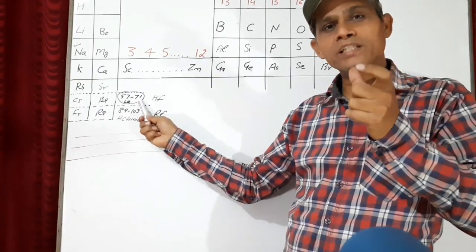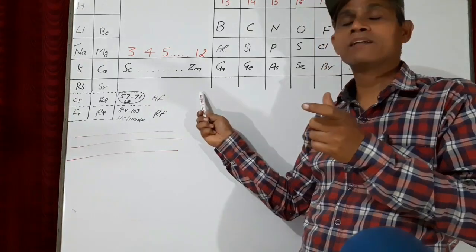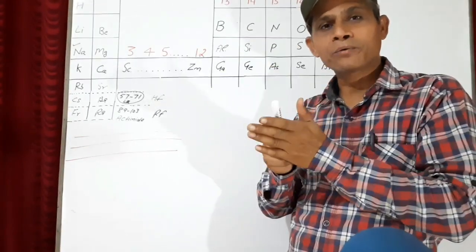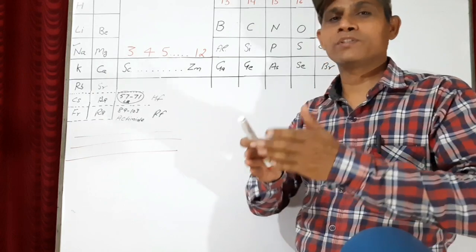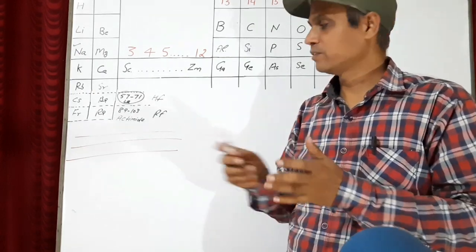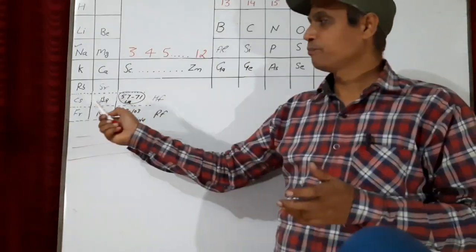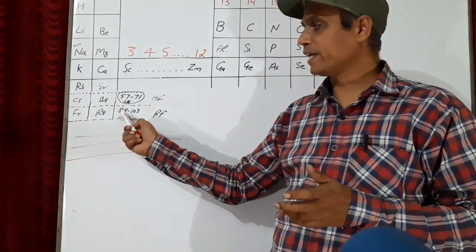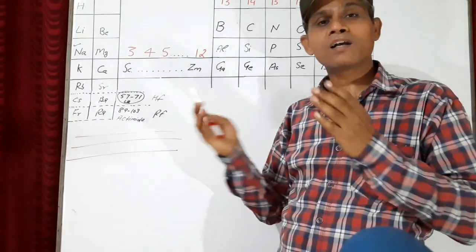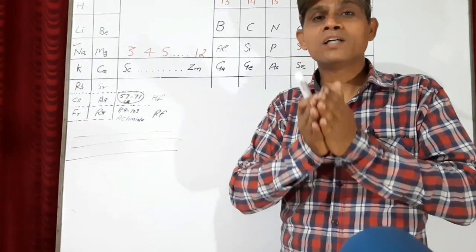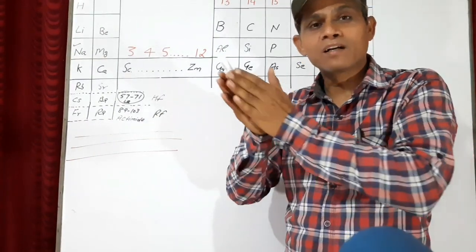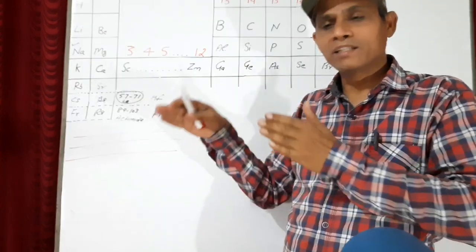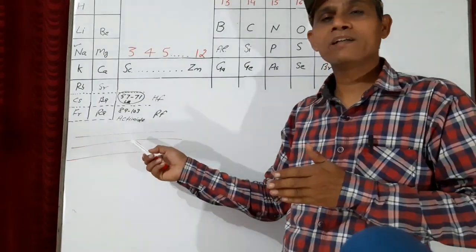They are not there in the main body. They are given a separate row at the bottom of the periodic table. Similarly, in period number 7, atomic numbers 89 to 103 are not there in the main body. They are also given a separate place at the bottom of the periodic table.